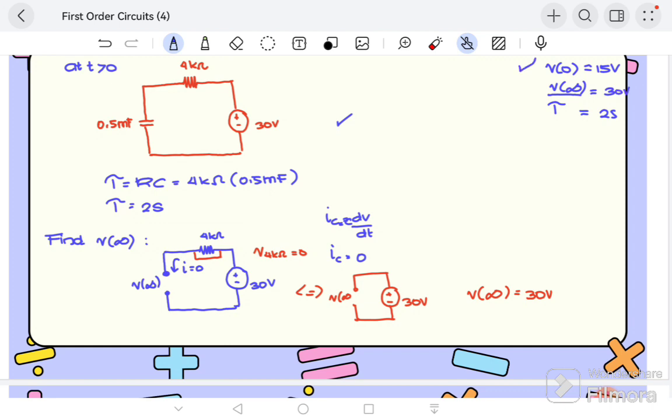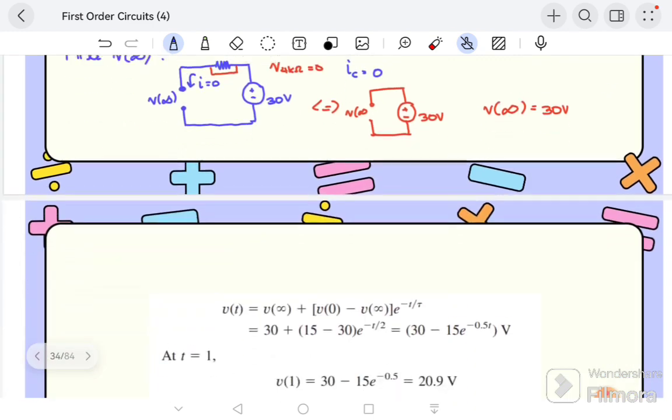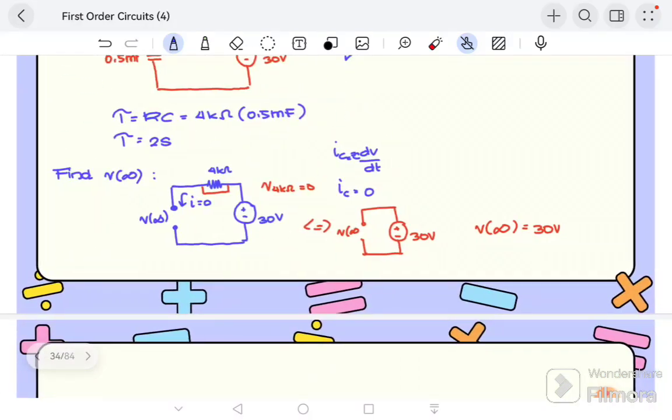So, we now have V0, or V at t equals 0, V at t approaches infinity, and tau of 2 seconds. So, we can write V of t. V of t is V infinity plus V0 minus V infinity, times e to the negative t over tau.